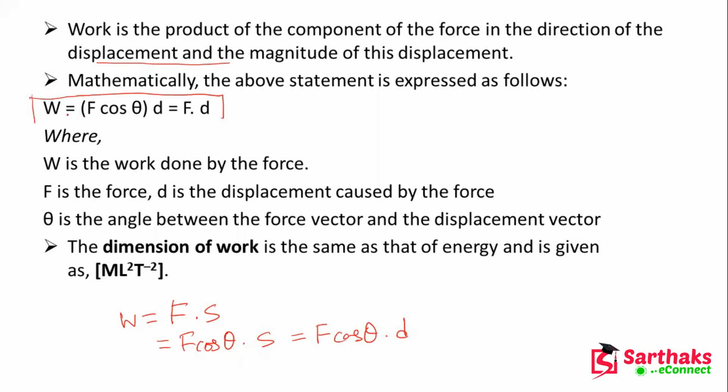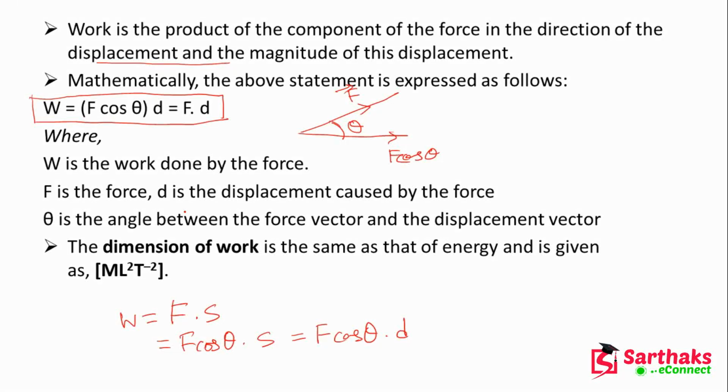If there is an angle of pulling the force, then W equals F cos theta into D, where W is the work, F is the force, and theta is the angle between the force and the displacement vector. D is the distance, how much it will travel. So this is the work done, right?